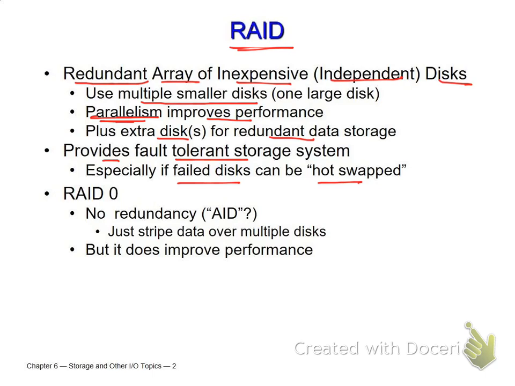Meaning that, assuming you are working in a company, or in the IT of the company, and the company has a server, and the server has only one disk. One hard disk. What do you expect if this hard disk fails? The whole company will drop.